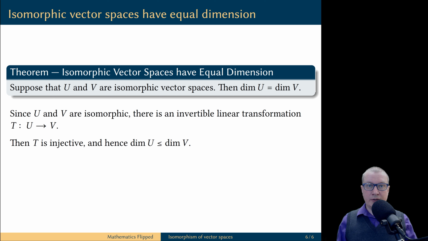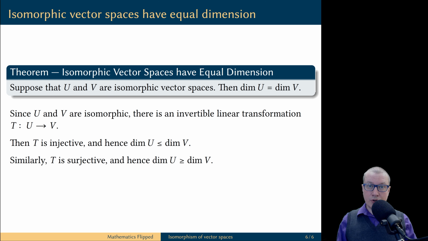In particular, this linear transformation T is injective, and in the video on the properties of injective linear transformations, we proved that an injective linear transformation cannot go from a higher dimensional vector space to a lower dimensional vector space. This means that the dimension of U cannot exceed the dimension of V.